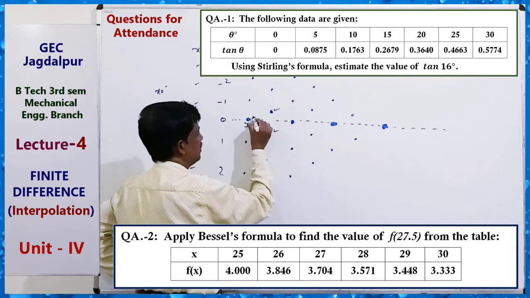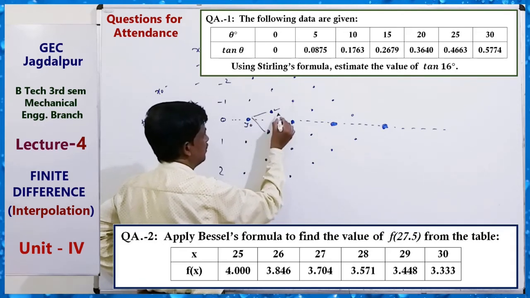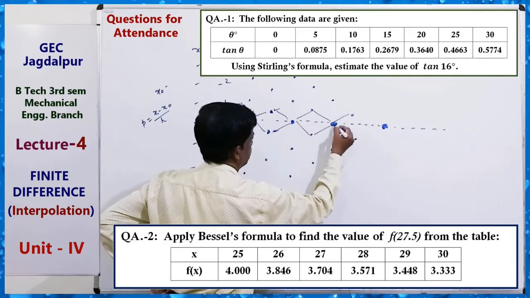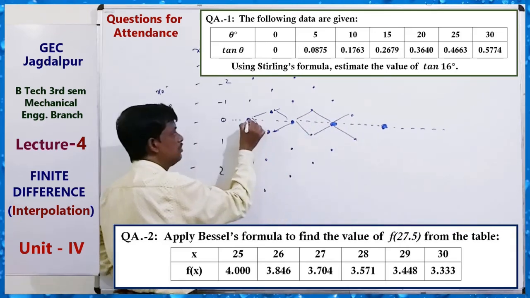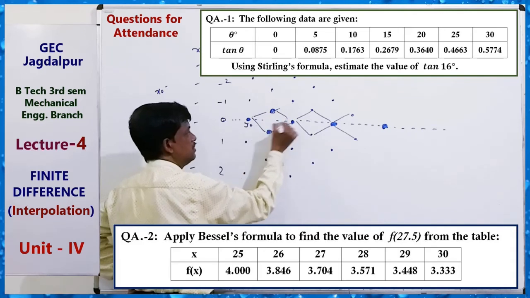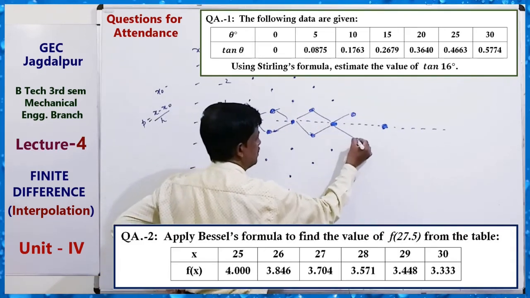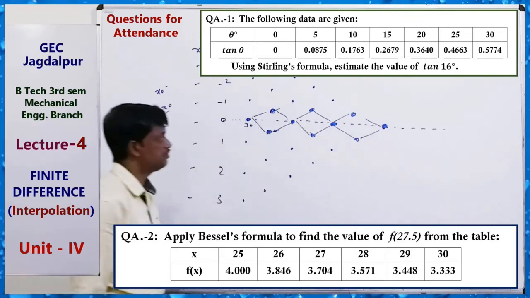That means y0, then the average of this and this, average of this and this, average of this and this, and then the value. This is for Stirling's formula.